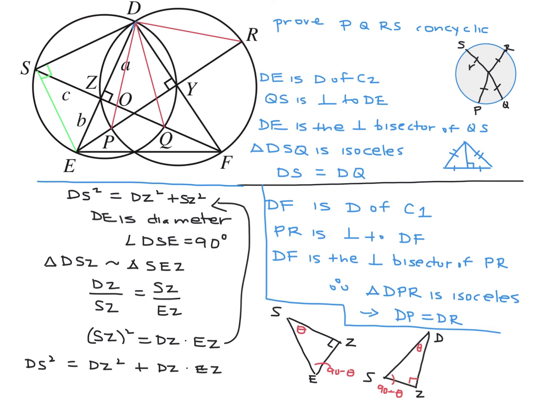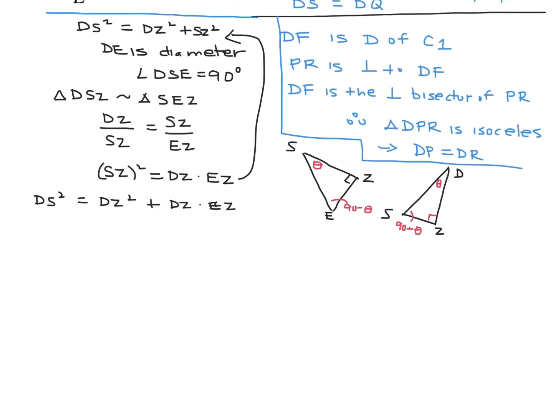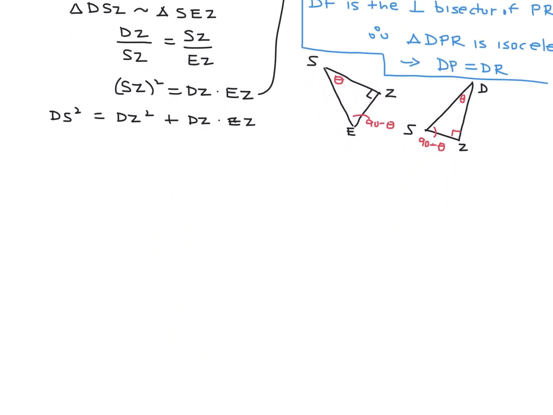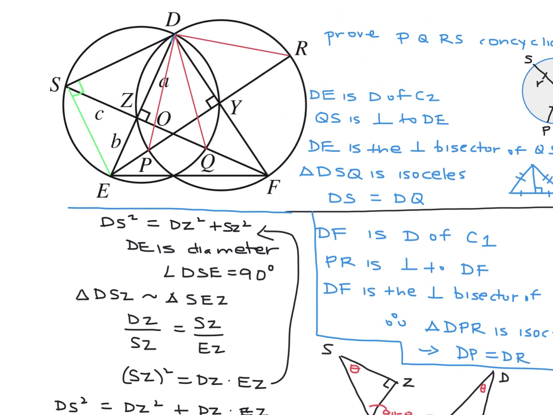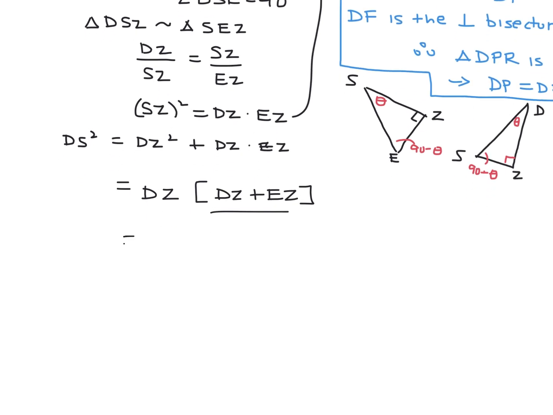Like that. All right, let's move this up a bit. And then if you factor out the DZ, this will be DZ times (DZ plus EZ). And DZ plus EZ, if you look back at the diagram, is all the way from D to E. So we can just substitute that in. This is actually DE. So this is DE times DZ, and that's equal to DS squared.